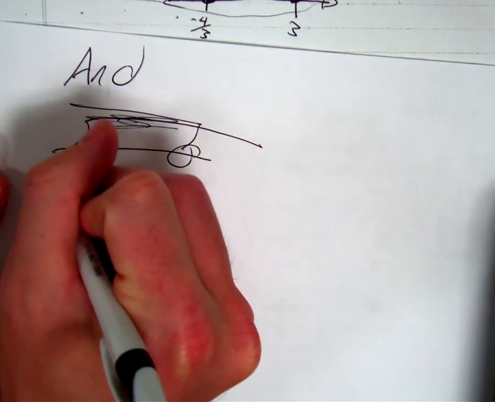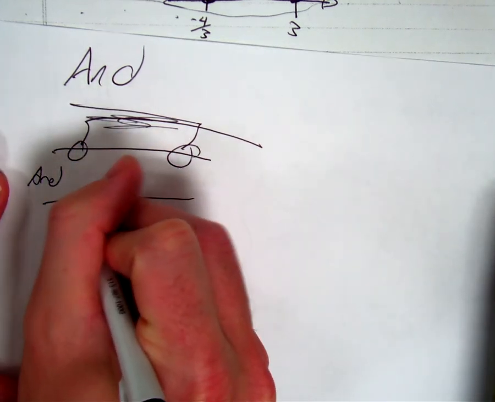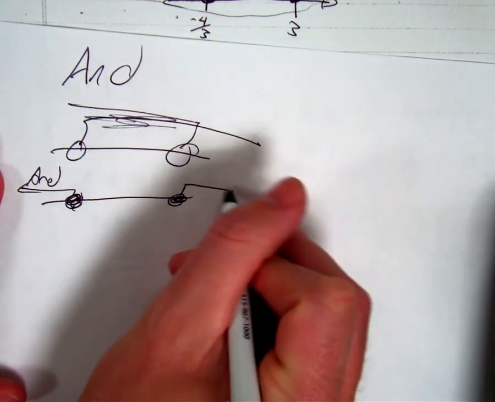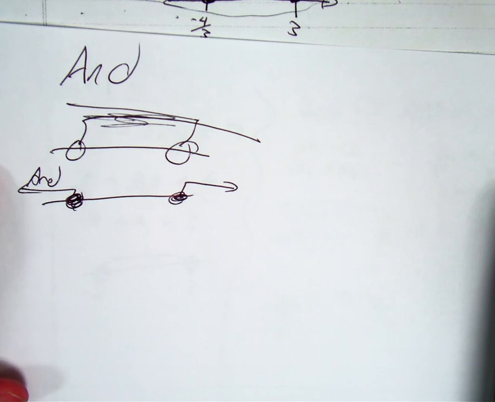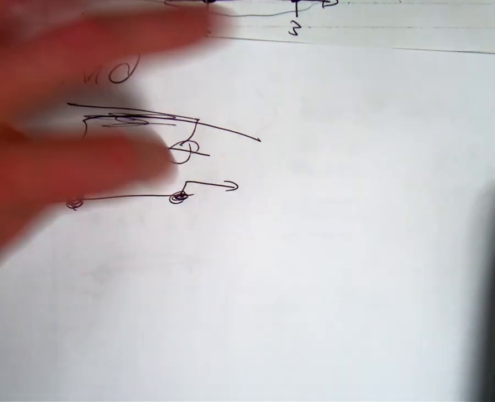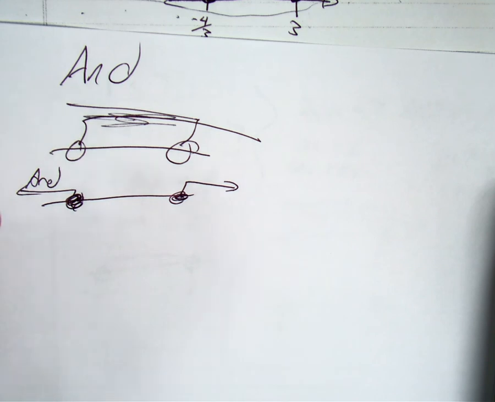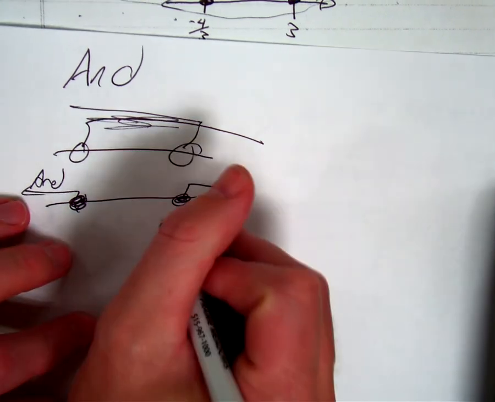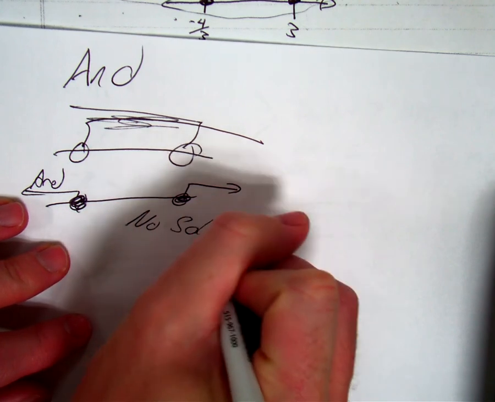What if it was an and and they went out, away from each other? Well, it's an and, and for whatever reason they just went out, away from each other. All right, they don't overlap. There's no numbers where this one and this one are both true at the same time, so then we'd have no solution.